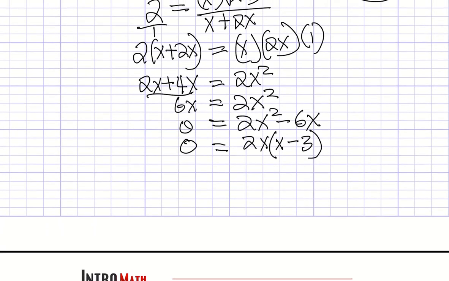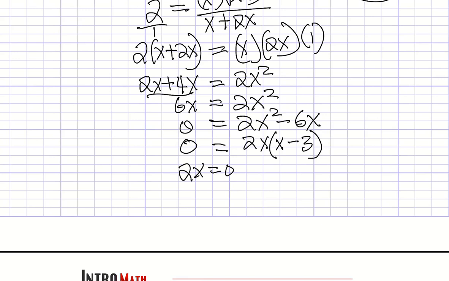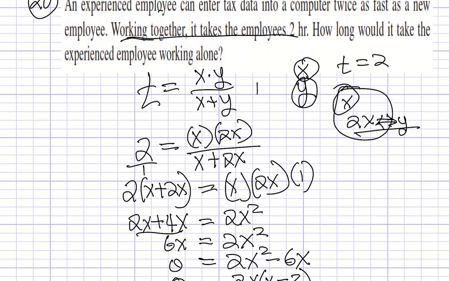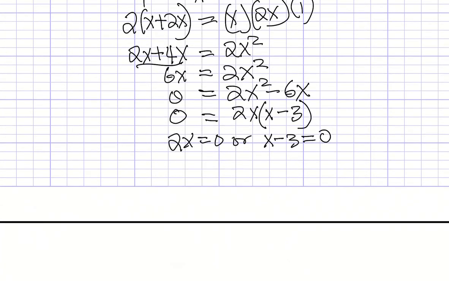So from there, you can say 2x equals 0, or, I'm sorry, I'm going too fast. I don't want to confuse you. Or x minus 3 equals 0. You see that, right? Notice that we don't have any restriction up there. It's okay.